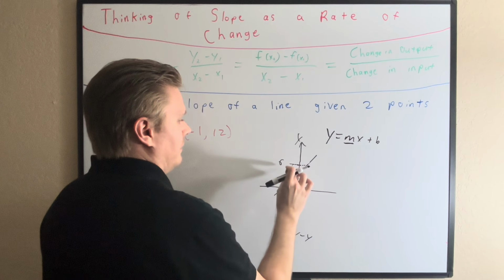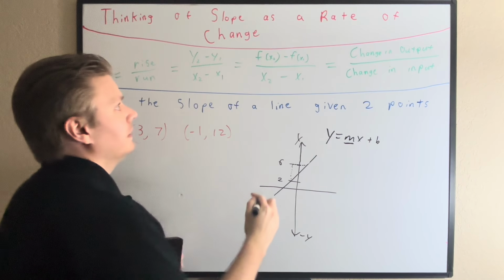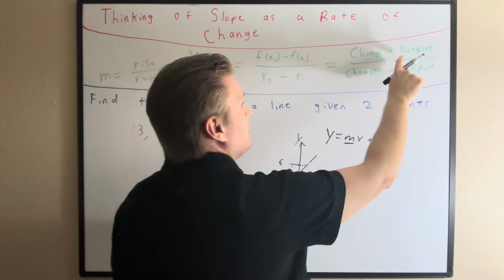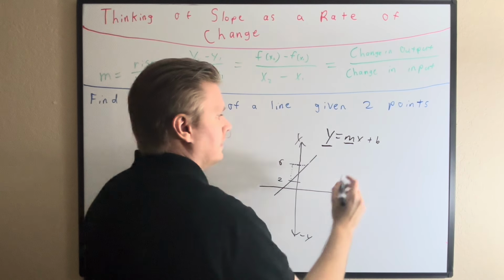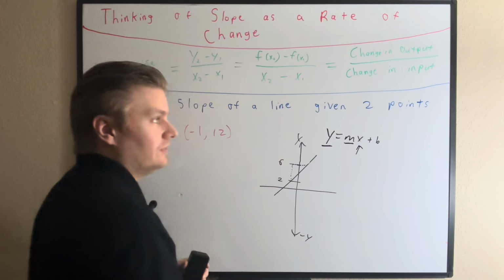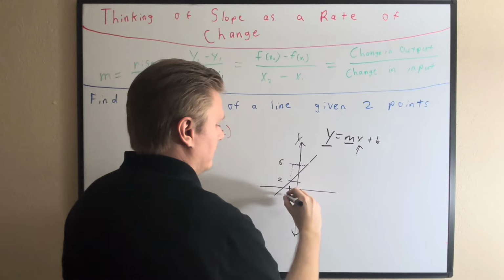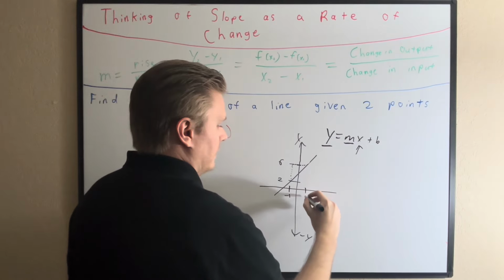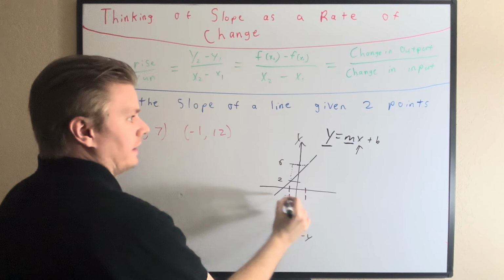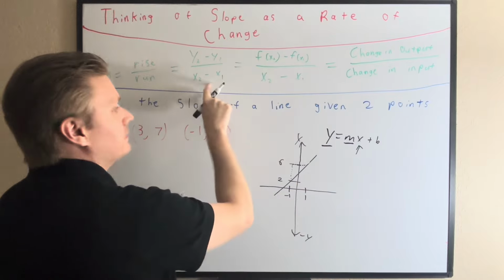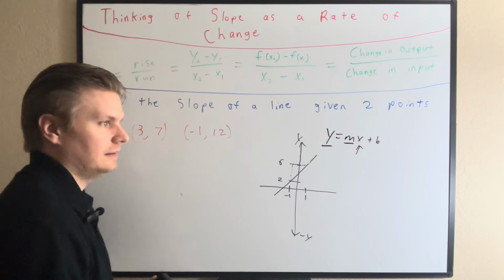So if the difference between two heights is the change in the y value, then we could call it the change in output, because that's what the y values are, right? They're the output in our formula. The input is the x value. And so when we're talking about the run, say this is -1 to +1, the run would also be a change in input, right?